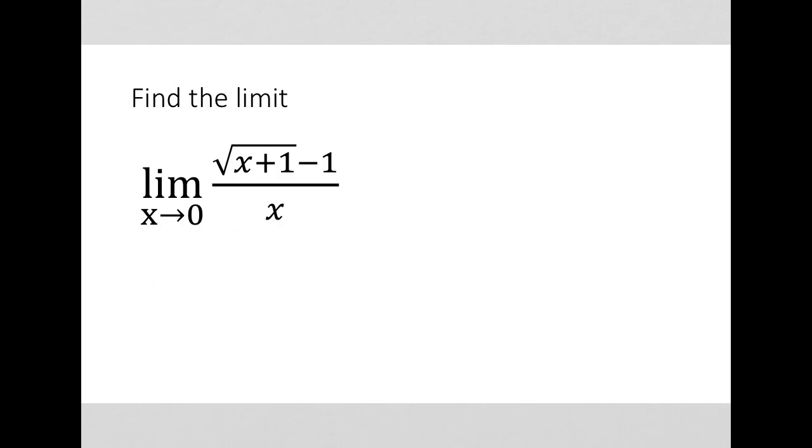So if we do this problem, which is exactly the same as the last one, notice that is the same function we're looking at. So when we rationalize it, we're going to get the limit as x approaches 0 of what we just found, 1 over the square root of x plus 1 plus 1. Notice why we like this.